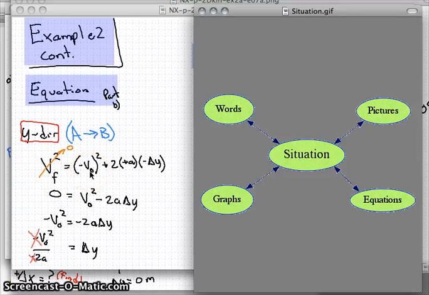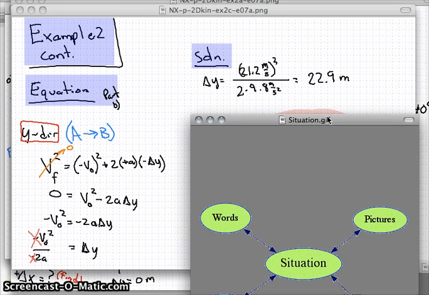Our original velocity in the y direction is a negative, so we have that there. Our acceleration is positive because it's down, and our delta y is negative as well. Doing some algebra to isolate our delta y, which is what we're looking for, we end up with v sub o squared divided by 2a.